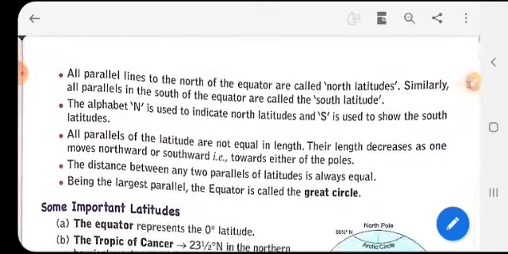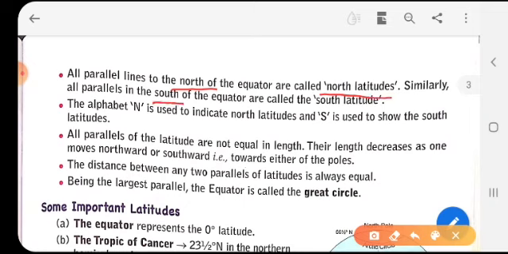All parallel lines to the north of the equator are called north latitudes. Similarly, all parallels to the south of the equator are called south latitudes. So, the lines of latitude drawn parallel to the equator northwards are called north latitudes, and when drawn southwards, they are called south latitudes. The letter N is used to indicate north latitude and S to show south latitude.